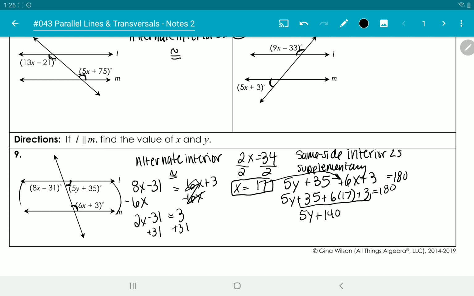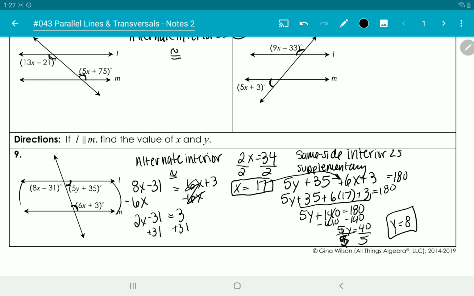We're going to have 5y plus 140 equals 180. Okay, and then we'll subtract that 140 from both sides, which gives us 5y equals 40, which then we can divide by 5 to get that y is equal to 8.